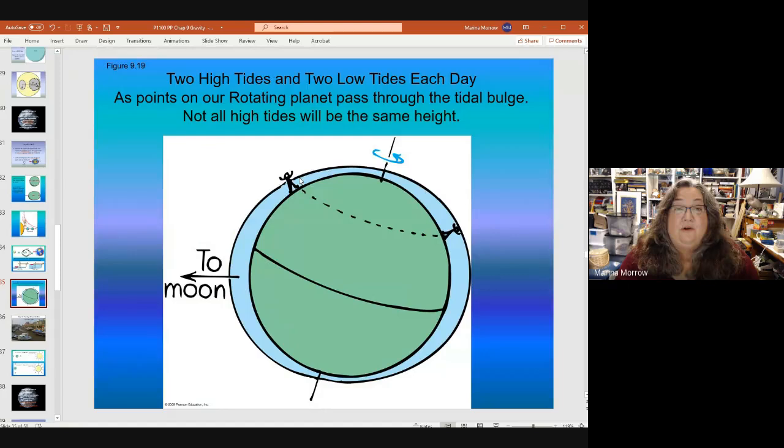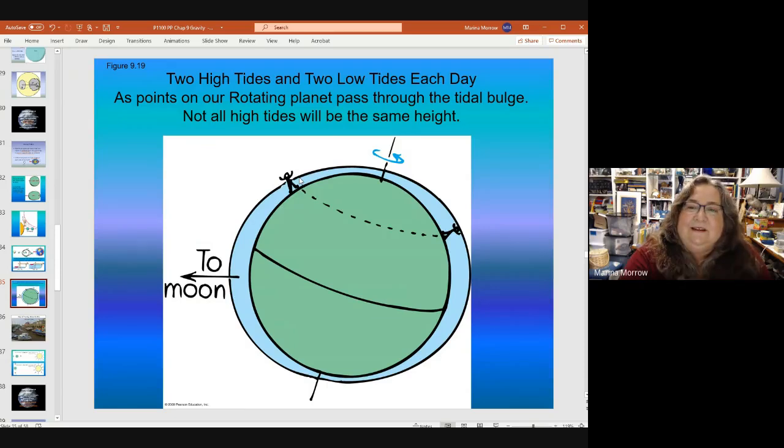Now, you don't always have the same amount of high tide or low tide, so you can have variations. Your low tide might be 2 feet above the sea bottom, your high tide might be 6 feet above, and then your next low tide might be 3 feet above, and your next high tide is 8 feet above. So it's not always the same because the Earth tilts and the orbit of the moon tilts.